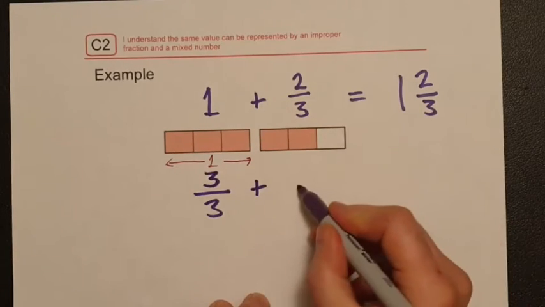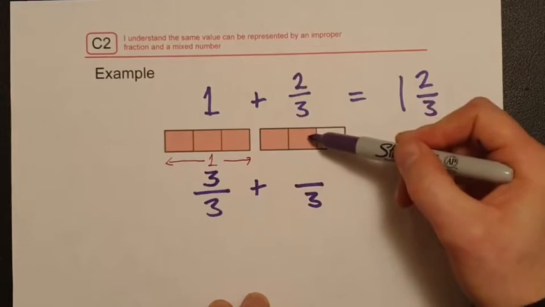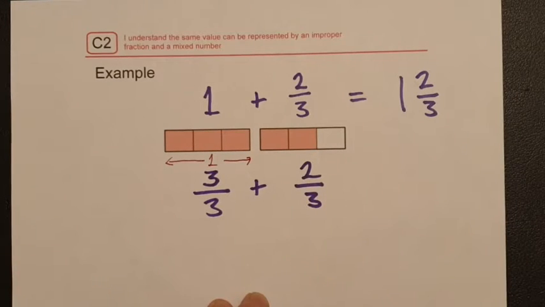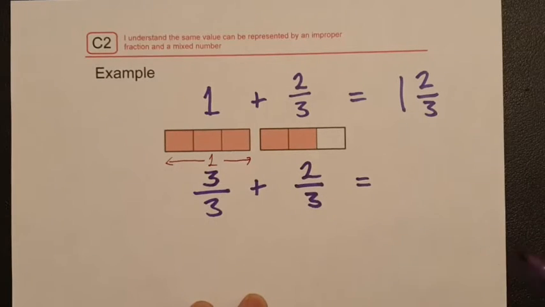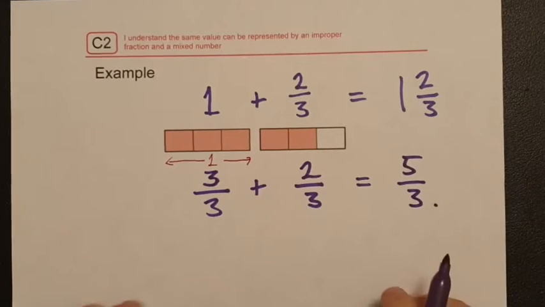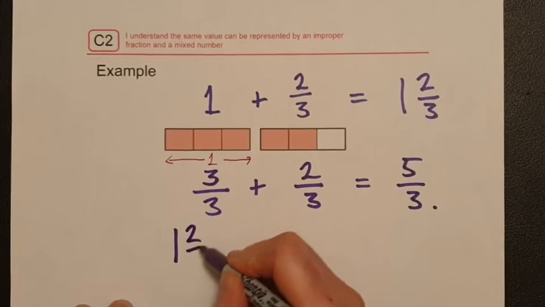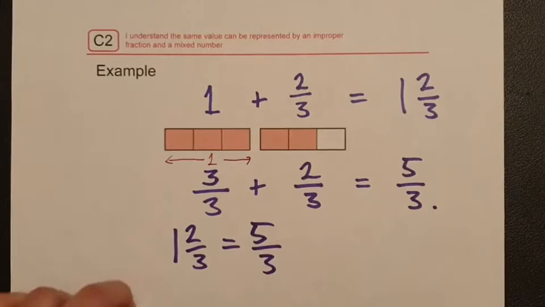Again, this bar's cut into 3, so the denominator is 3. 2 are shaded, so that bar's 2/3. 3/3 and 2/3 is 5/3. And these two numbers have the same value. So 1 and 2/3 is equal to 5/3. They're different ways of writing the same thing.